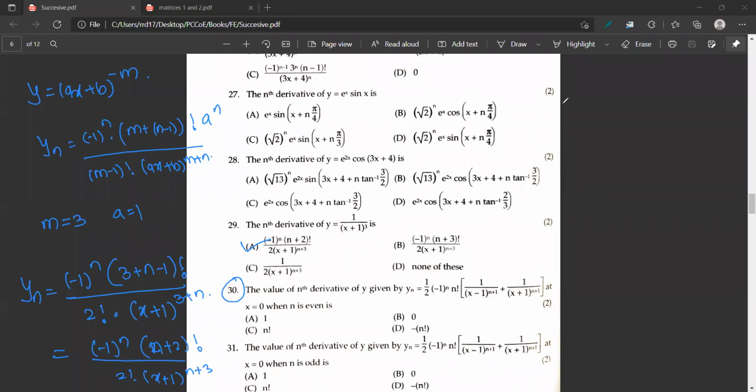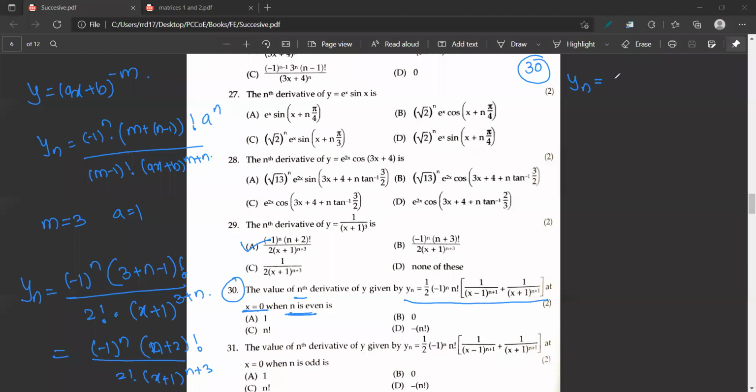Okay. Now look at the 30th one. 30th is a little bit different. So what they will ask, the nth derivative of the function is already given to you. Now we need the derivative at the point x is equal to 0, when n is even. So firstly put x is equal to 0 in it.